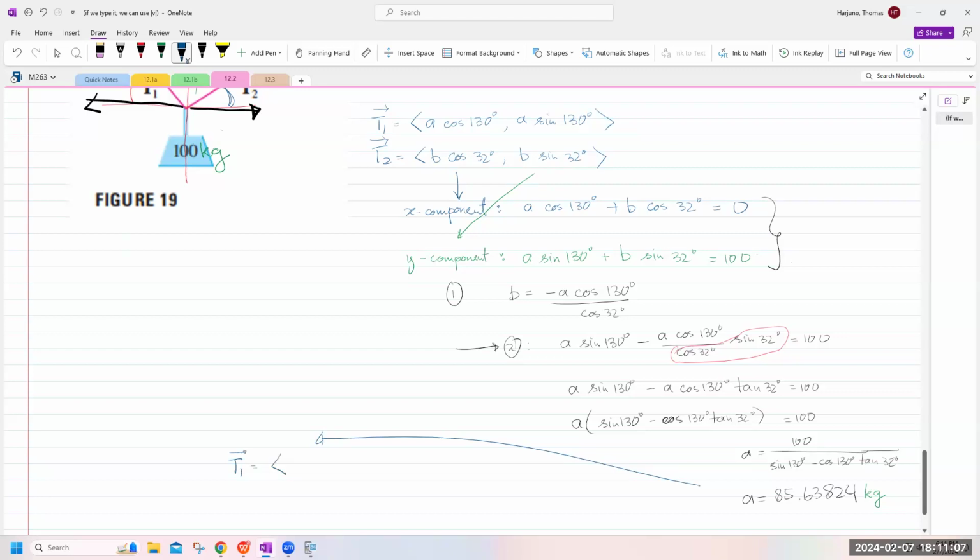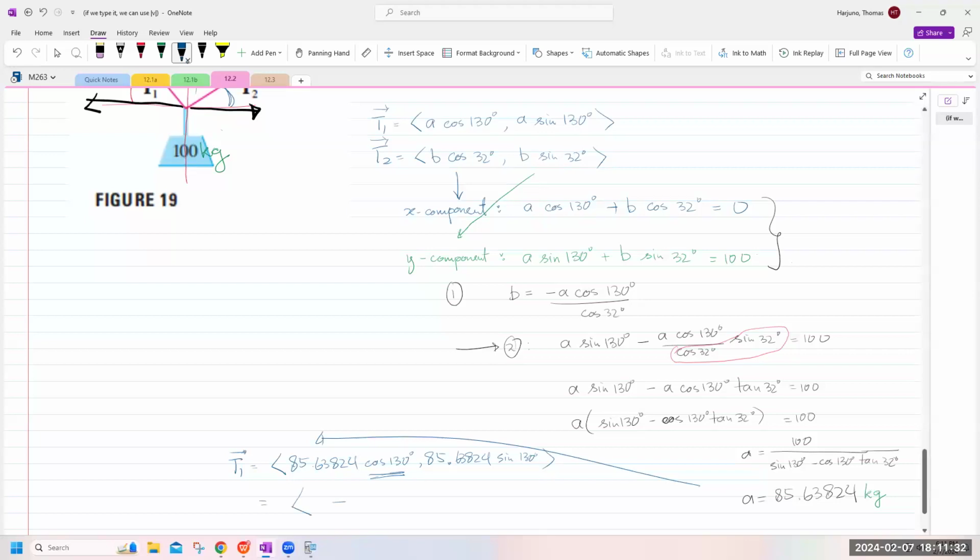Tension 1 is 85.63824 cosine 130 degrees, 85.63824 sine 130 degrees. As you can see, cosine 130 degrees is negative.